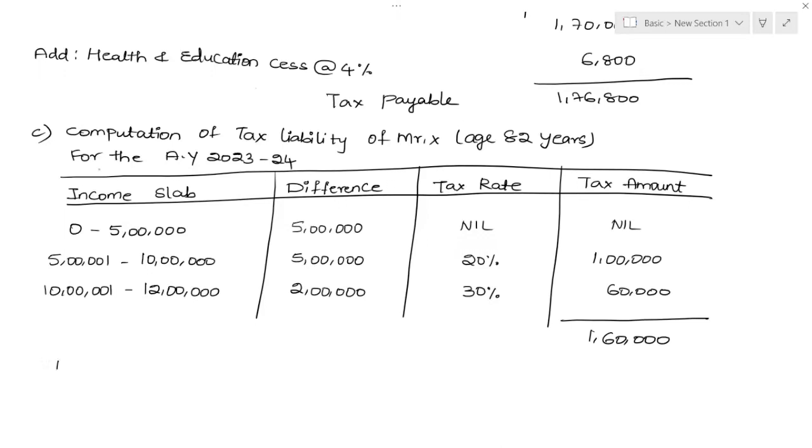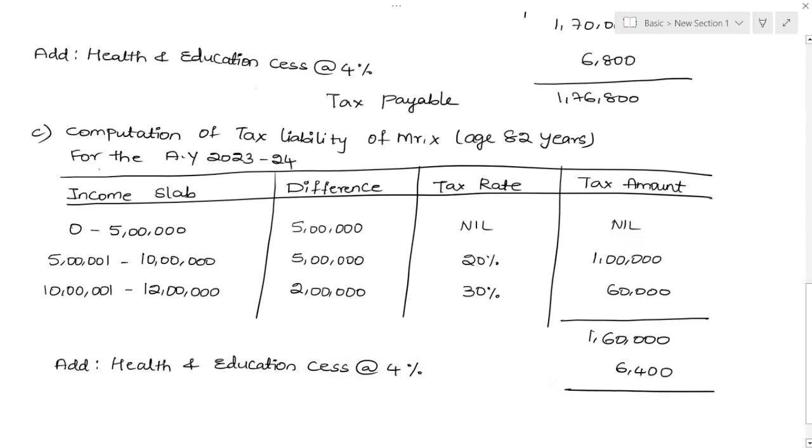So directly health and education cess will be added, at the rate of 4%. Because, sir, health and education cess is calculated on tax. 1,60,000 is tax, into 4%, 6,400 comes. Tax is calculated on income, but surcharge and cess are calculated on tax.